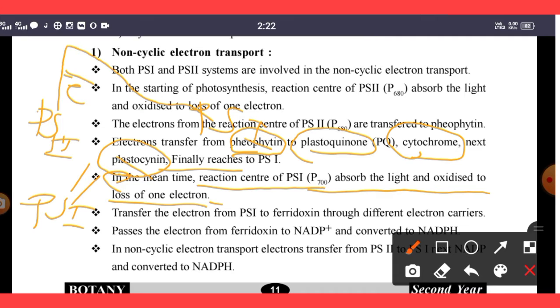This electron is then transferred from PS1 to ferredoxin through different electron carriers, and passes from ferredoxin to NADP.